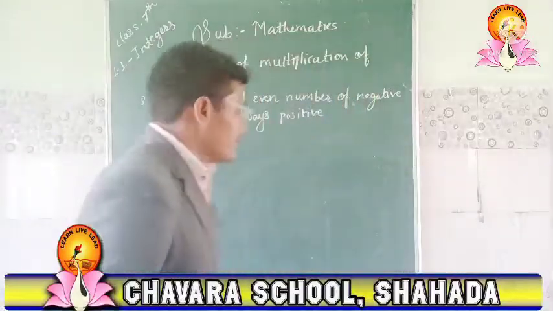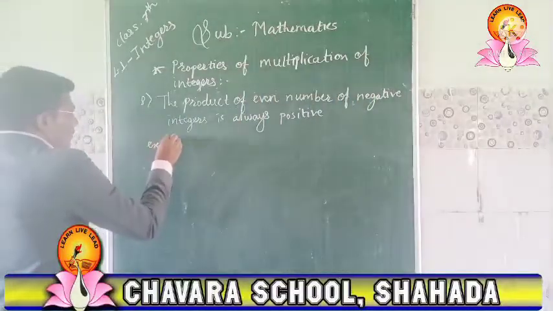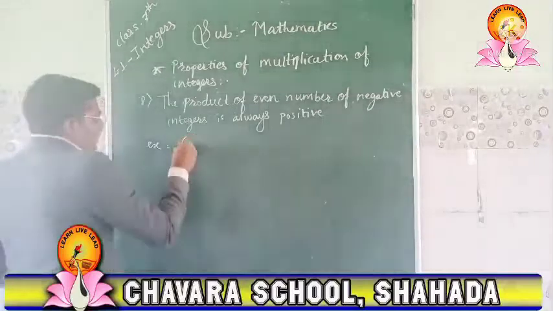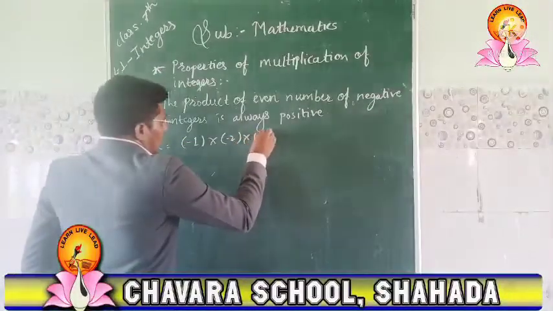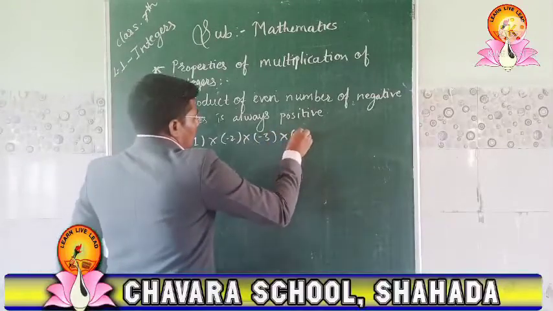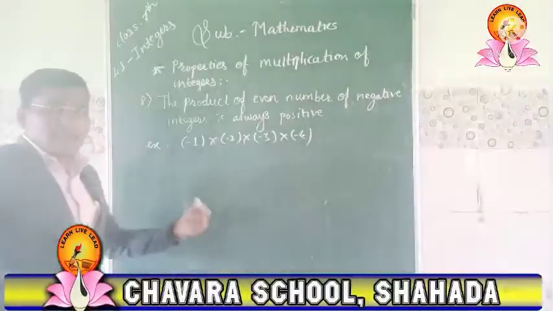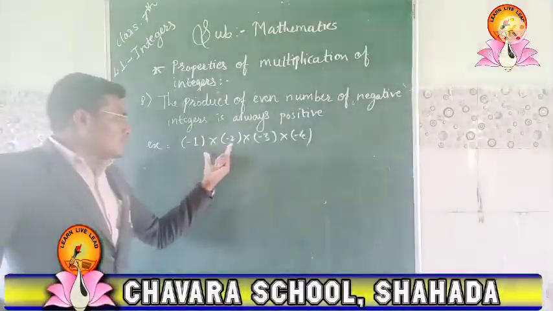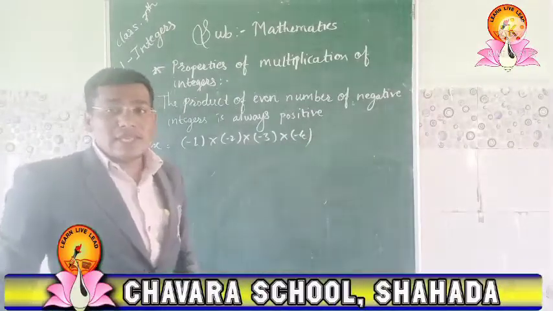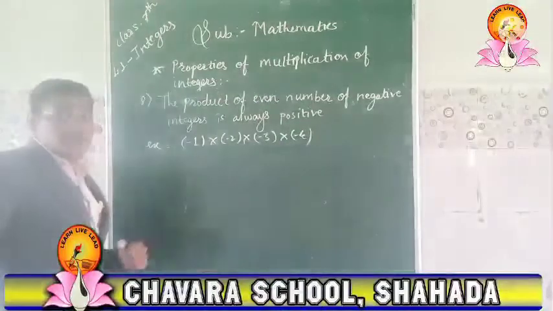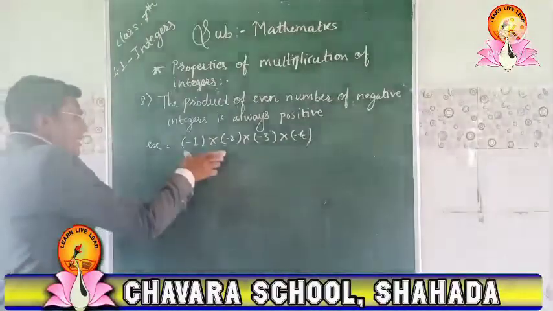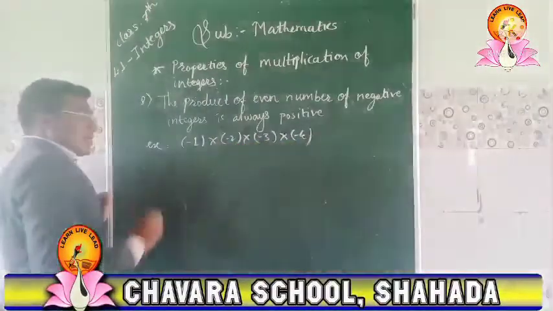For example, suppose -1 is multiplied with -2, which is multiplied with -3, which is multiplied with -4. Now you can see the integers are multiplied 1, 2, 3, 4 times, and 4 is an even number.